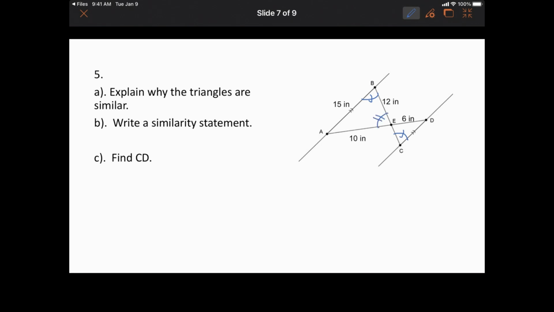This is a vertical angle. Angles A and D are also congruent by AIA. So it's up to you, but I have at least two, and I'm going to say angle, angle, similarity. Now write a similarity statement, so I can go triangle A. You can use different letters than I do, just make sure they correspond. So A goes with D, B goes with C, and E goes with E.